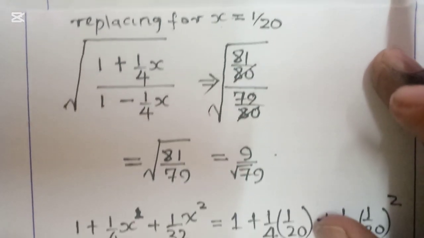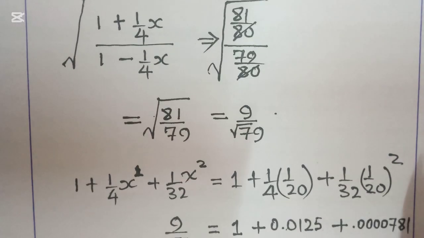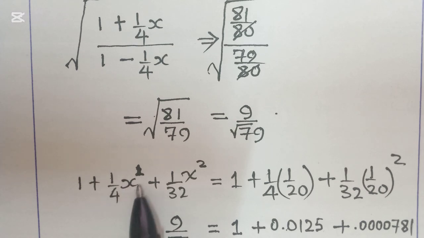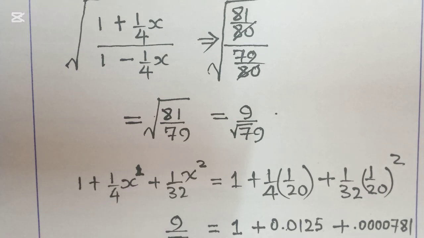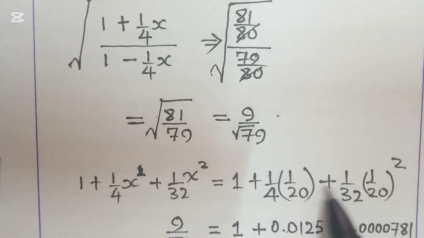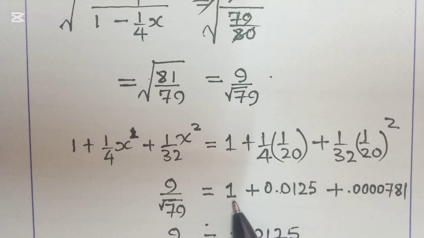Because we replaced x with 1 all over 20, we now go to the series we found. This is supposed to be 1 here. So we now put 1 all over 20 in our series. When we do that, this is what we found. We put 1 plus a quarter times 1 all over 20, and then 1 over 32 times 1 over 20 squared.